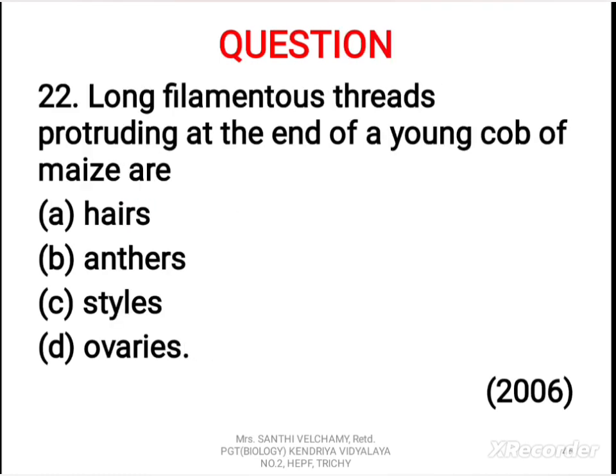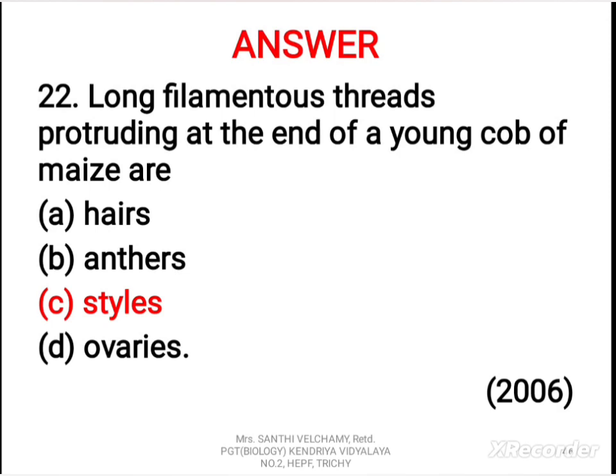Next question: long filamentous threads protruding at the tip of a young cob of maize are A. hairs, B. anthers, C. styles, D. ovaries. The correct answer is C, styles. In maize, the male inflorescence occupies the terminal position on the main axis, whereas the female inflorescence is borne on modified lateral branches in axils of leaves.